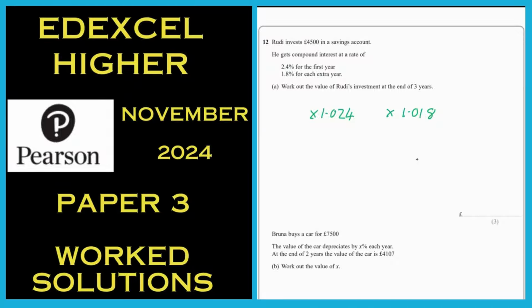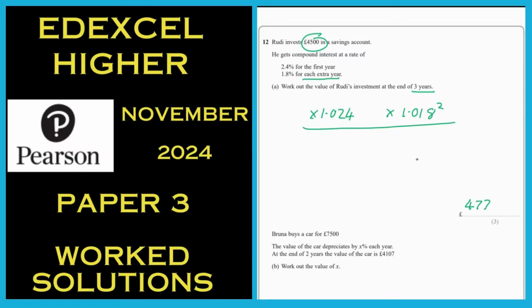It's 2.4 for the first year, 1.8 for each extra year. 3 years means that needs a little 2. As I've said on the previous question, grab your calc, 4,500 times all that, and with money, 2 decimal places is where you want to be.